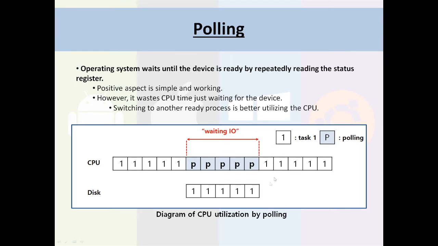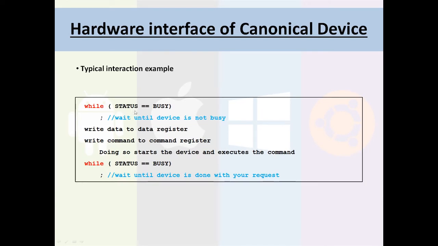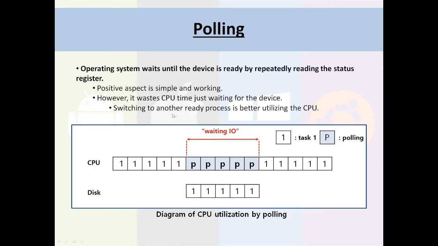We saw this idea when we were talking about scheduling, when we said waiting for I/O. That's exactly what this was. So we've just expanded this idea a little bit: waiting for I/O is basically this idea of polling, which is waiting for it to be finished by checking the status register over and over again.